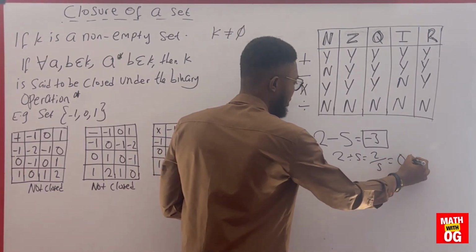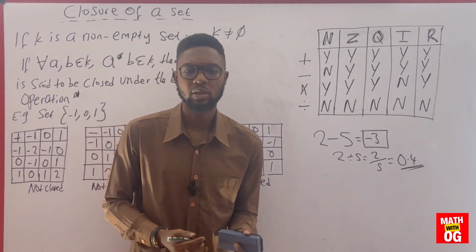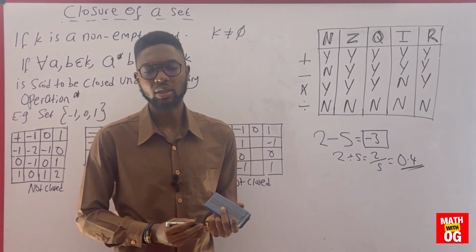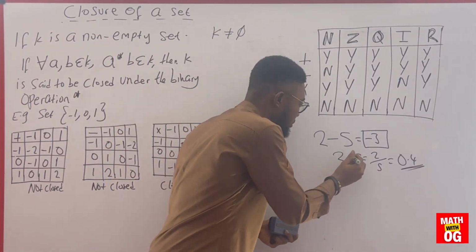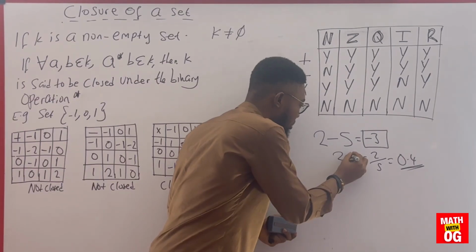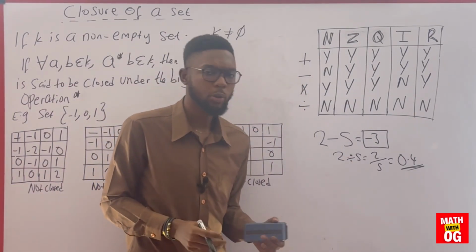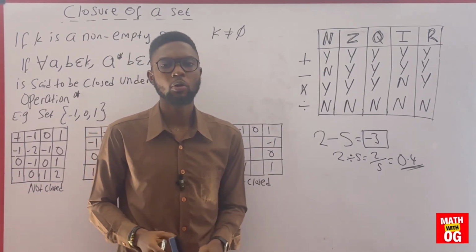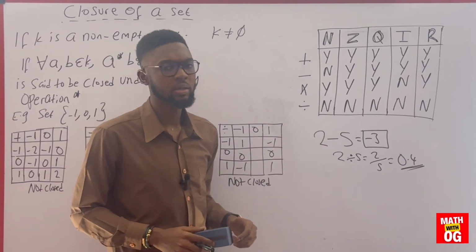This will give us 0.4. 0.4 is not a natural number. Why is 0.4 not a natural number? Because it's not a whole number. 2 is a natural number. 5 is a natural number. But when I use division as the operation, it gave me 0.4, which is not a natural number. So natural numbers are not closed under division.